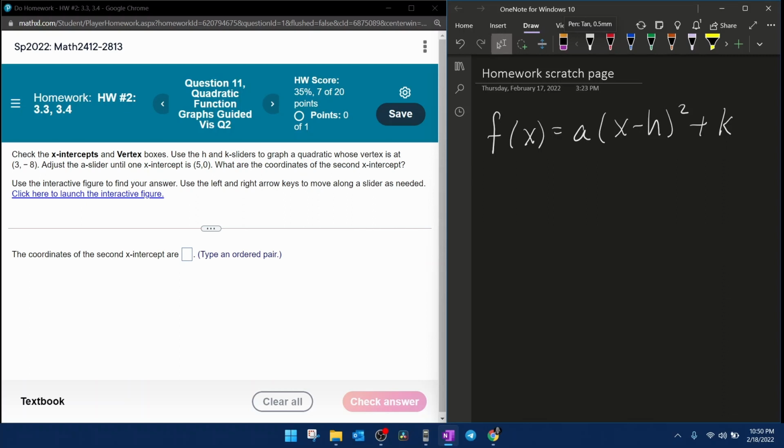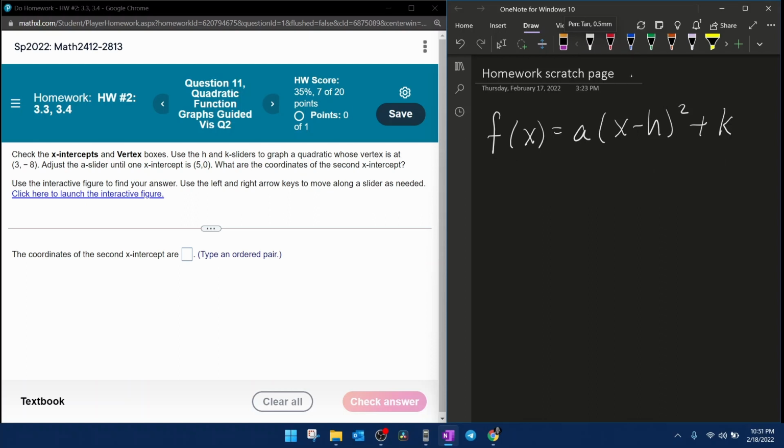If we know the vertex is given, then we're going to start with vertex form, and we're going to plug in for h and k, 3 and -8. We are going to use the x-intercept given as a generic x and y, and with that information, that will allow me to find a, which would actually give me the quadratic function for this given scenario.